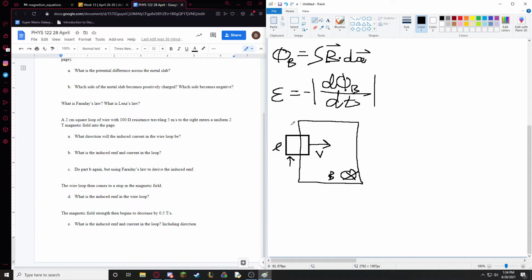What about the bottom and top one? The EMF involves a dot product. I know it involves a cosine 90, and that's how it zeroes out, if I actually remembered all the bits and pieces of the formula.